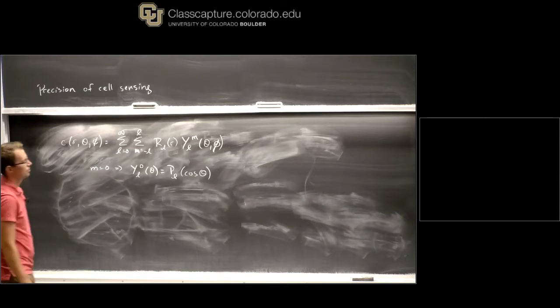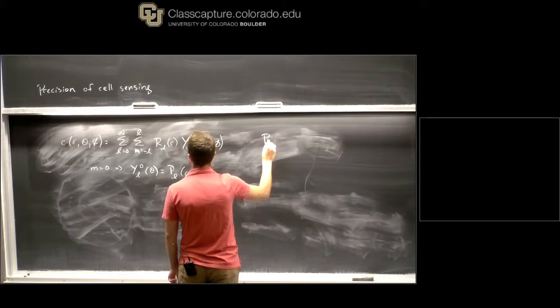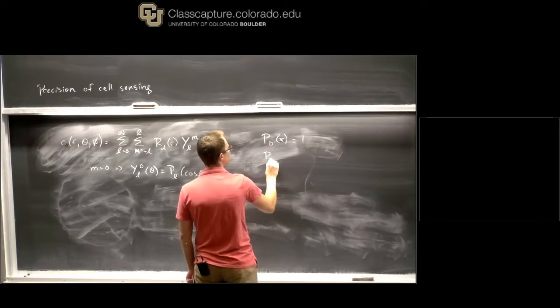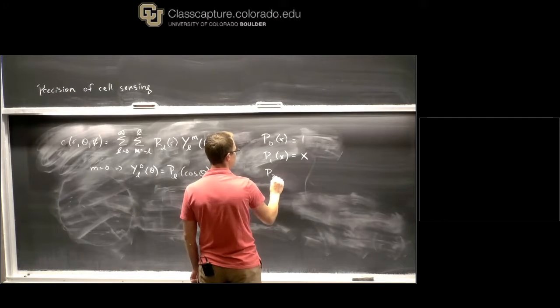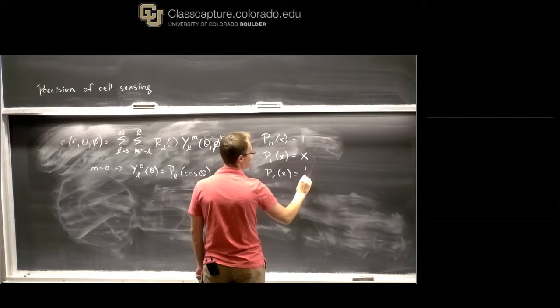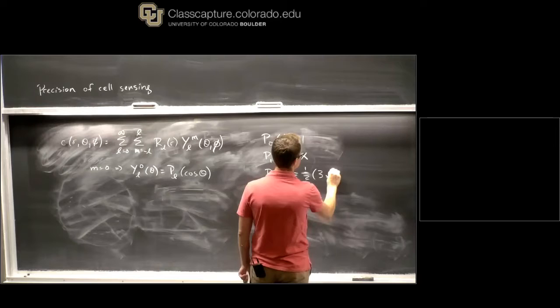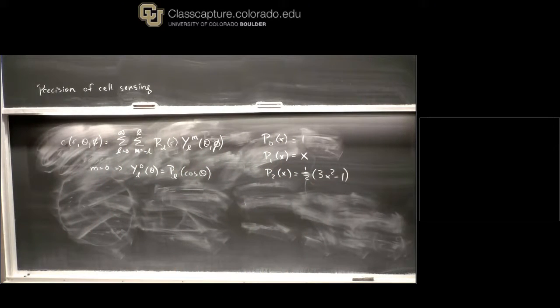And just to remind you, Legendre polynomials as a function of their argument: P0 is 1, P1 is the argument, P2 is not going to matter. I think there's a half there, there's an x squared, 3x squared minus 1, and so on. Okay.